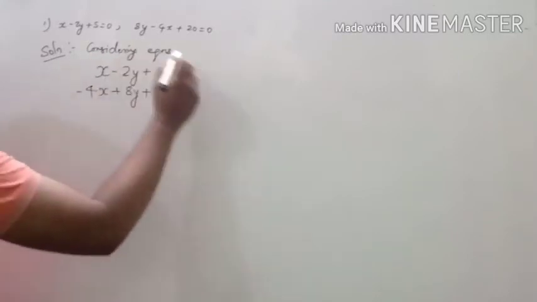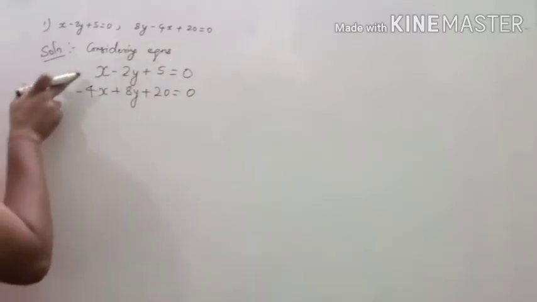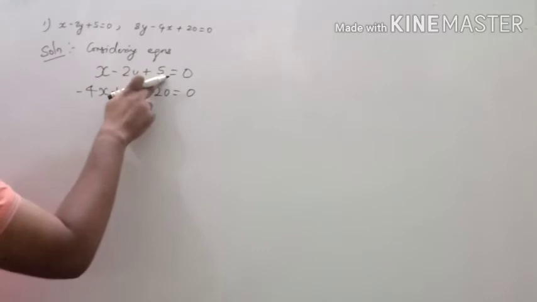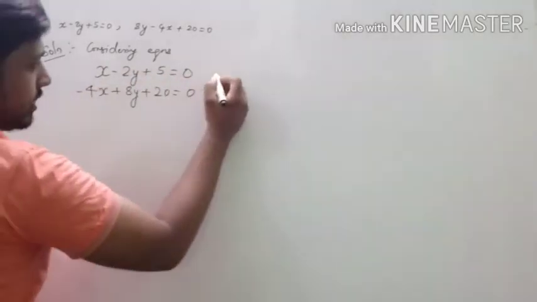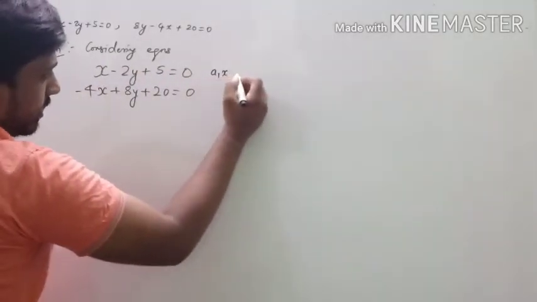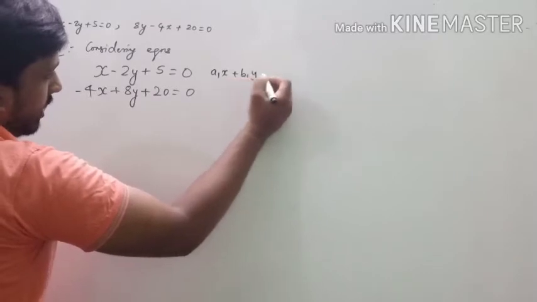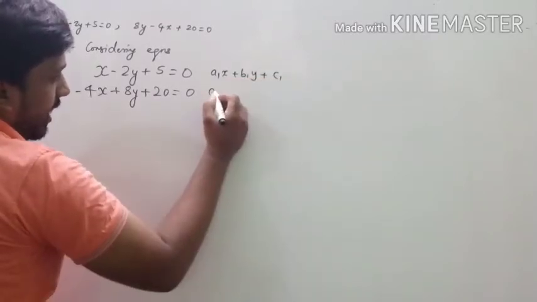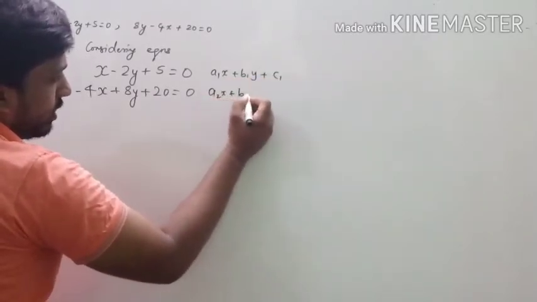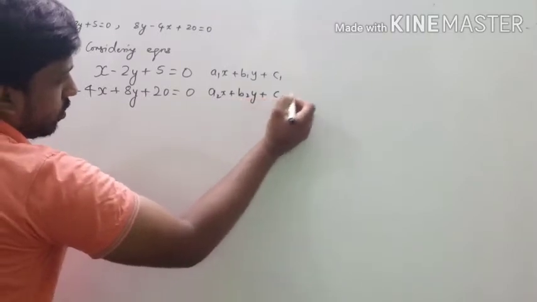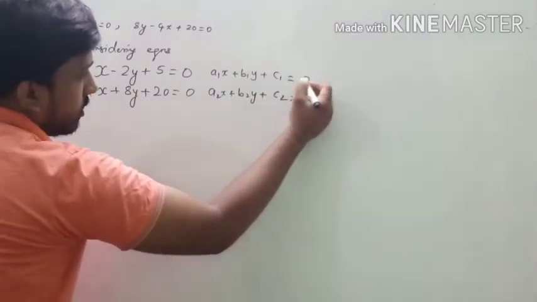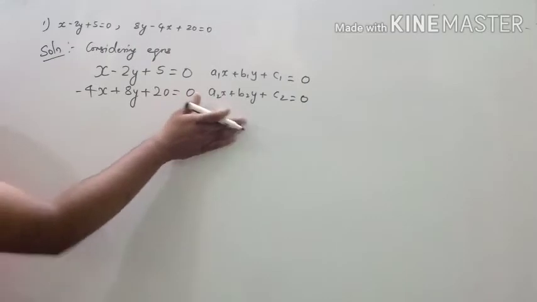So these are the two equations. If we take the general form, a1x plus b1y plus c1 and a2x plus b2y plus c2 equal to 0, right? So we are going to consider with respect to this.